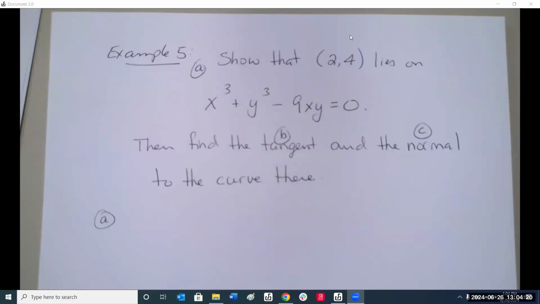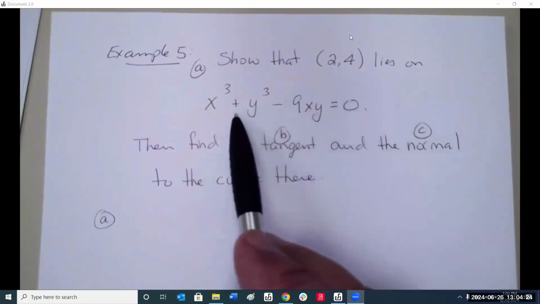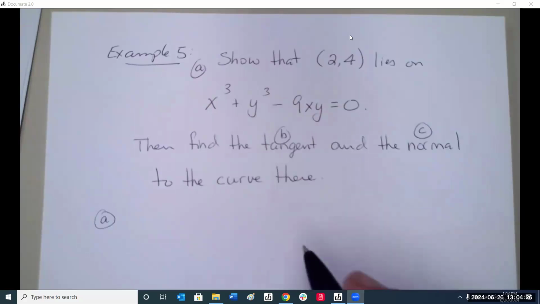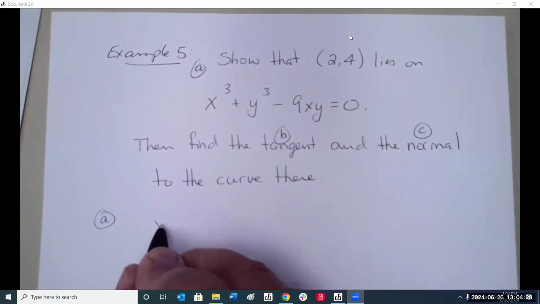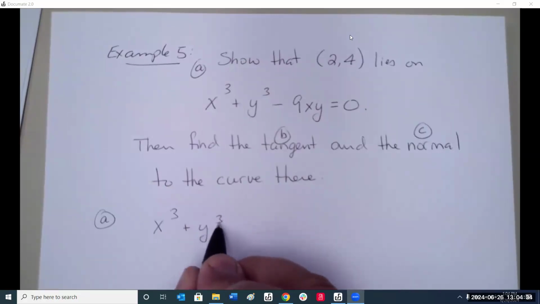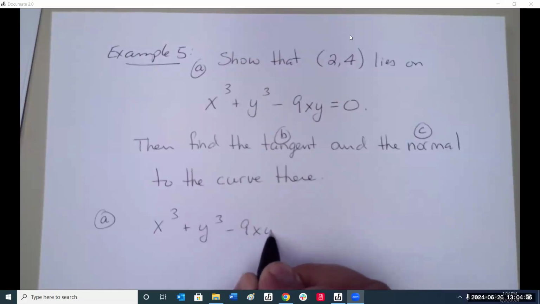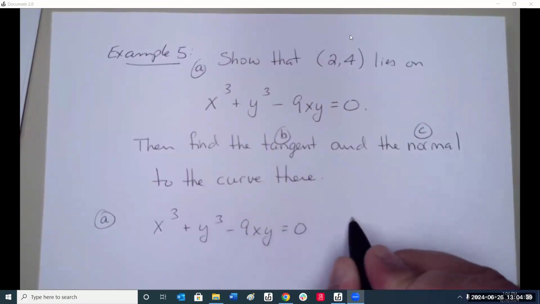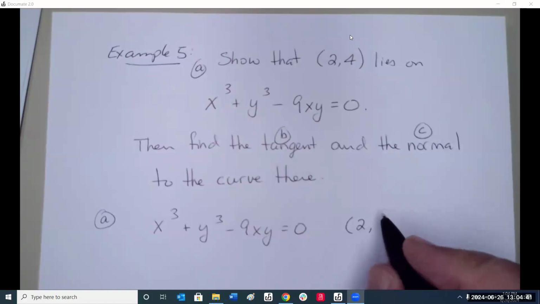Plug them in there. If it's on that line, then it'll equal 0. Is it x cubed? Y cubed. It's 2, 4.